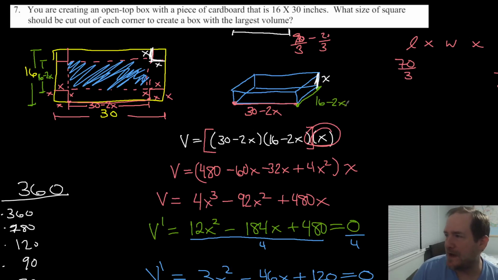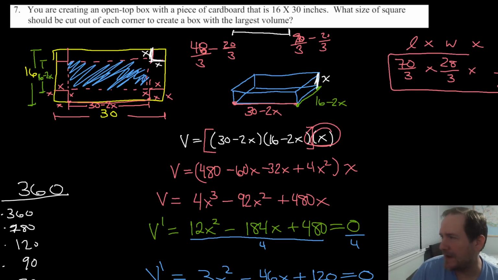And 16 minus 2x would be what? 16 minus 20 thirds? And 16 is 48 thirds. So that's 28 thirds. So if I asked you to actually give the dimensions of the box that had the maximum volume, you'd want to tell me it's 70 thirds by 28 thirds by 10 thirds of an inch.